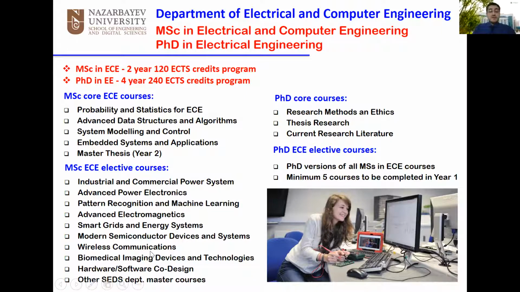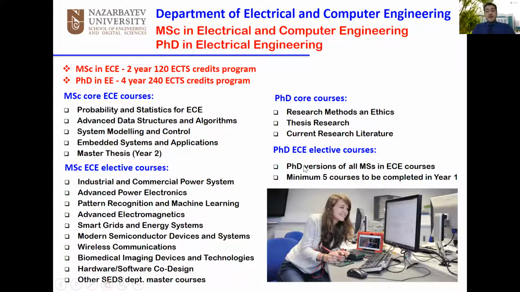Modern semiconductor devices and system, wireless communication, biomedical devices, hardware and software, and of course, other SEDS department master courses, you are able to take. Maybe you are interested in something which is not listed here. So you are free to take any kind of course from the other departments inside of the SEDS school, to be more flexible and to better support your master thesis.